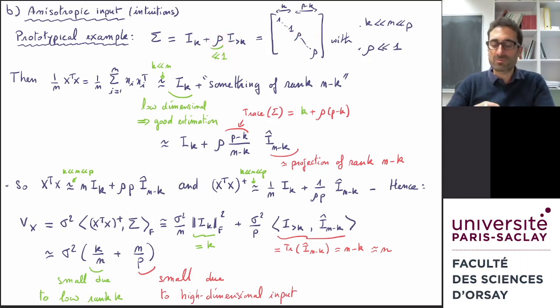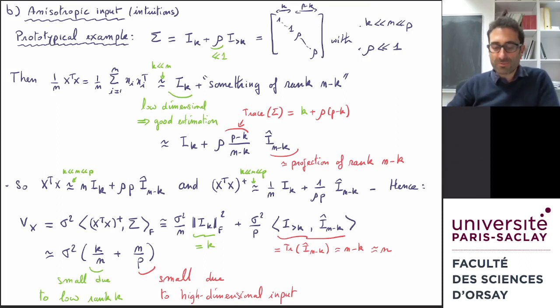So this corresponds to the signal level, and this signal level on this part will be very small. I will assume that k is very small compared to n, and n is very small compared to p. And again, rho is very small compared to 1. So here you can see the case where the covariance is essentially low rank, with a high signal plus a small perturbation, but which is spread on all the space.